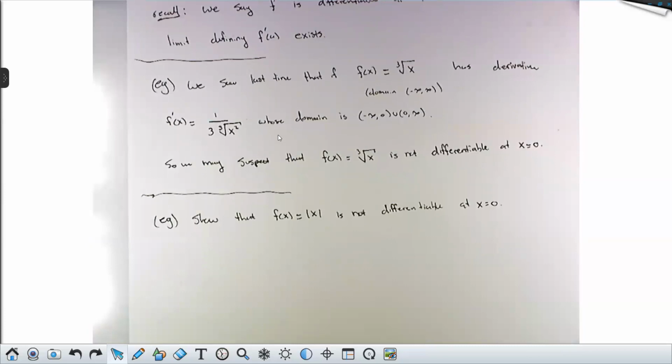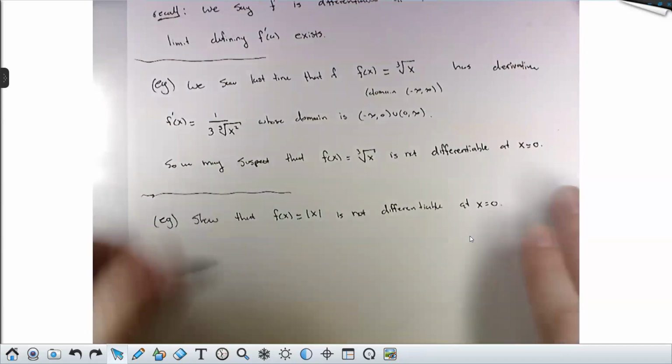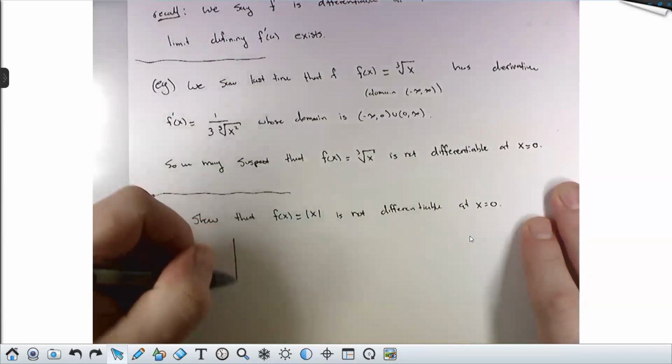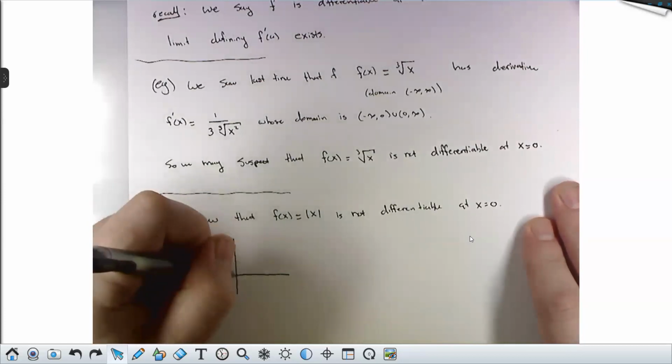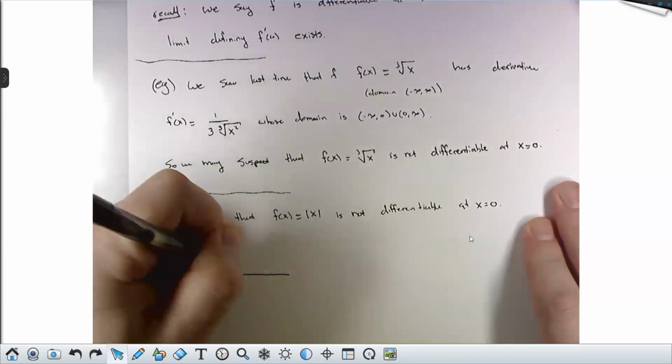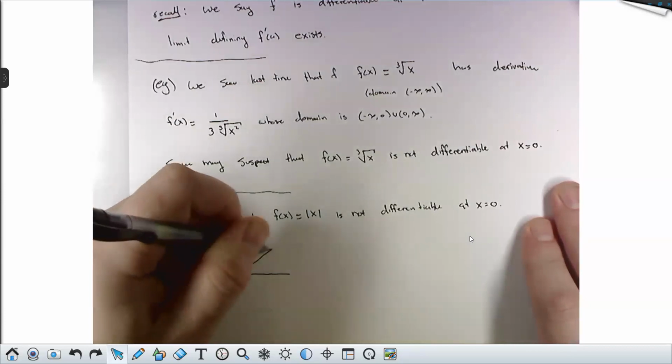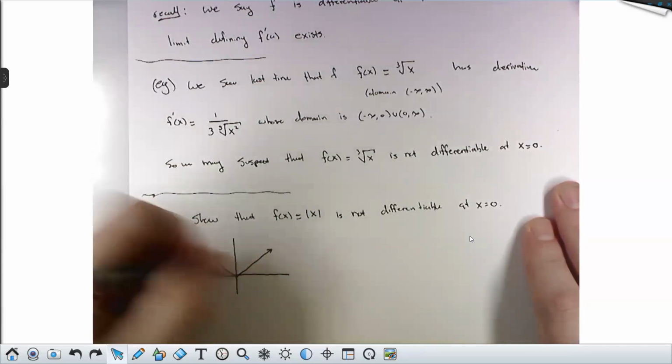Continuous means connected, differentiable means smooth. Nice and continuous at x equals 0. But we know the graph, it's not smooth at x equals 0. So we suspect that it's not differentiable at x equals 0. And we're going to show that. So I can remind you, the graph of the absolute value function looks like this. And it's not smooth here.